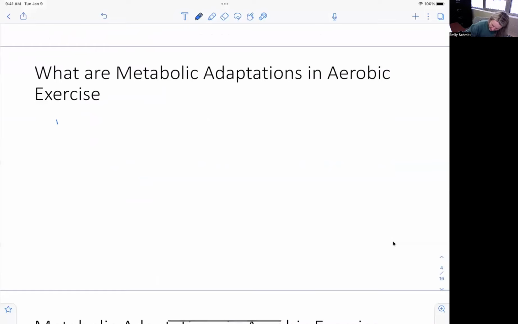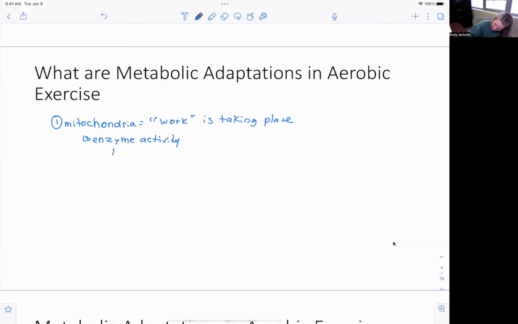So one is going to happen in the mitochondria. And this is where the work is taking place. So we're going to have enzymatic activity. We know that these enzymes are sort of these catalysts to speed up reactions. And we are also going to have adaptations in the muscle itself.